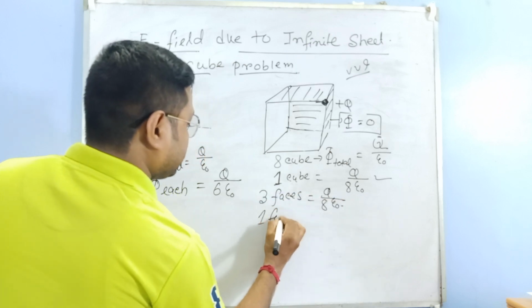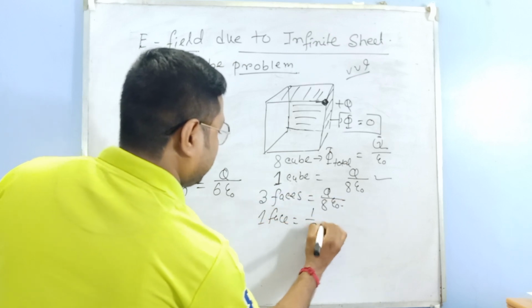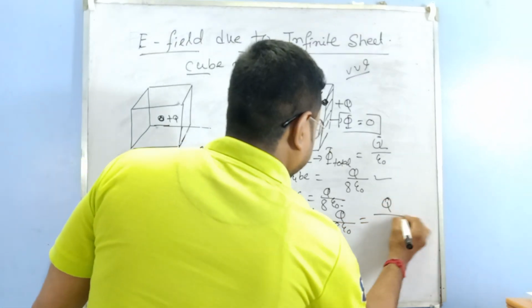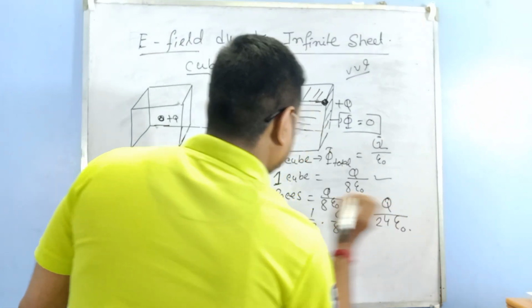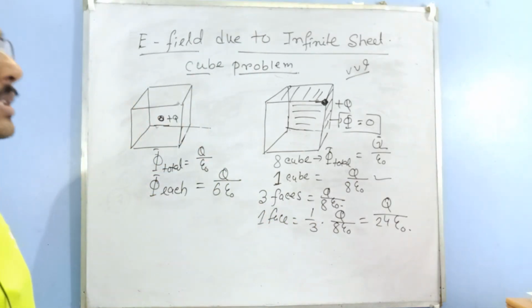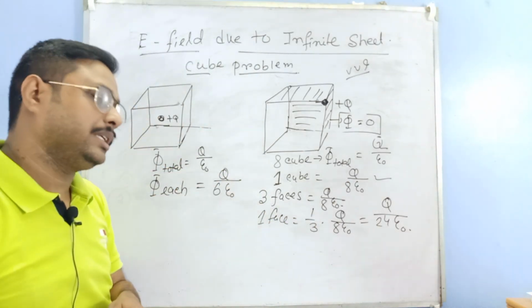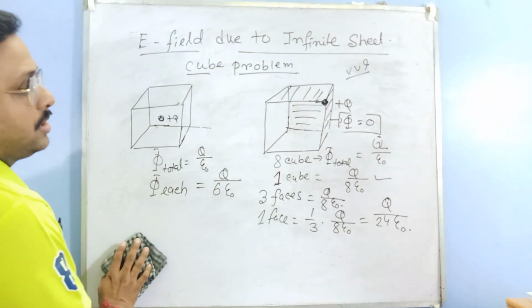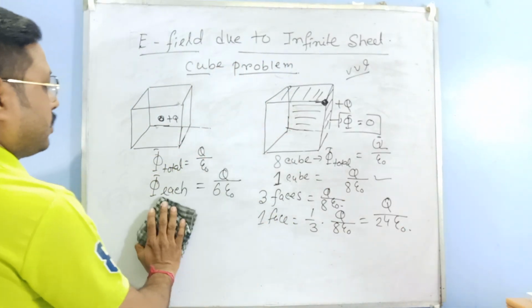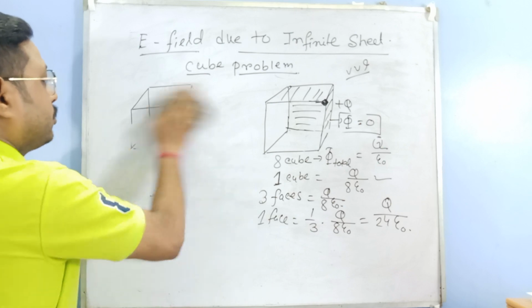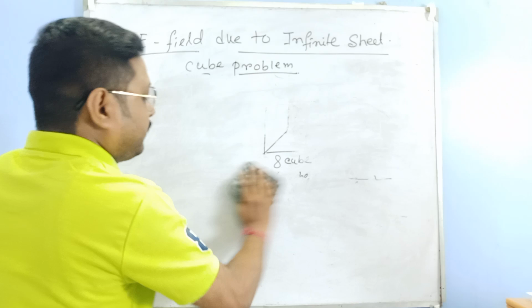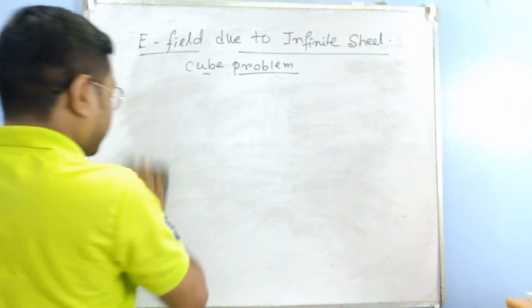So for one face it is 1 by 3 into q by 8 epsilon naught, that is q by 24 epsilon naught. This type of concept or question is asked in previous exams or in the joint entrance exam. Very, very important.